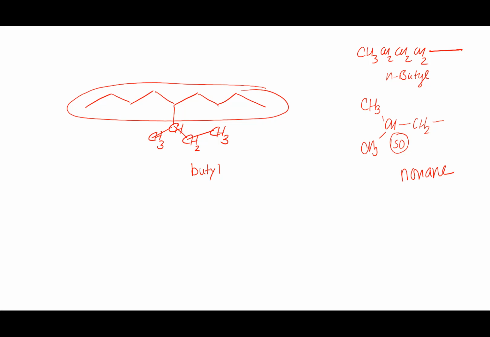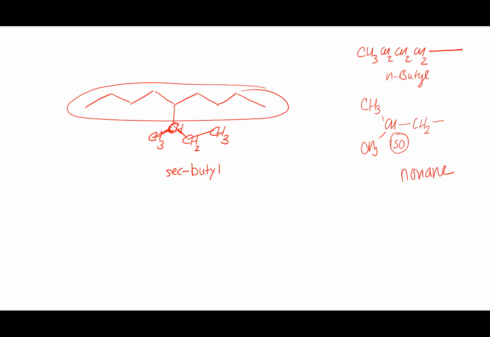So when a carbon's attached to 1 carbon, it's primary, 2 secondary, 3 tertiary, 4 quaternary. And again, for this carbon right here, how many carbons does it have attached to it? 2. That makes it a secondary carbon. So this is called secondary butyl or sec-butyl because this is the butyl group where the attachment point is secondary.